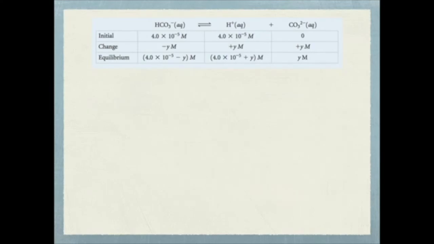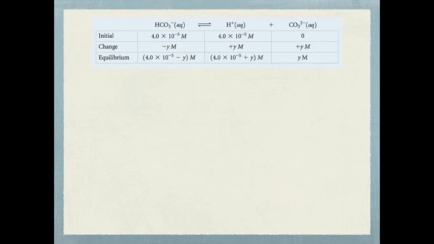Notice the initial concentration of both of those, of the HCO3 minus and the hydrogen ions, is 4.0 times 10 to the negative 5th, because I've already done one dissociation. However, do notice that the concentration of carbonate is going to be 0 because I didn't have any of that. Now they changed the variable, so instead of X, it's going to be Y. Doesn't really matter, so minus Y, plus Y, plus Y, and there are my equilibrium concentrations.